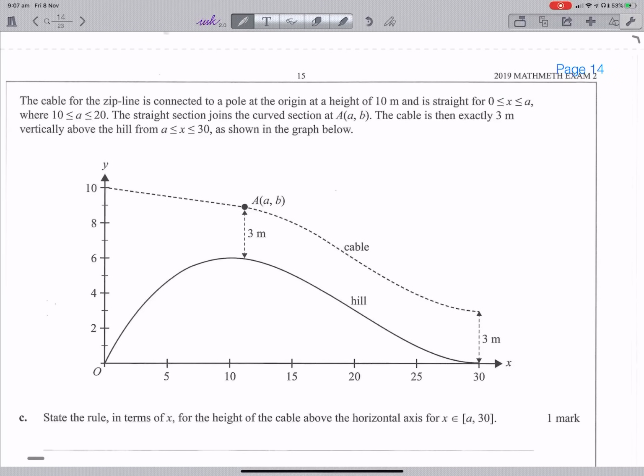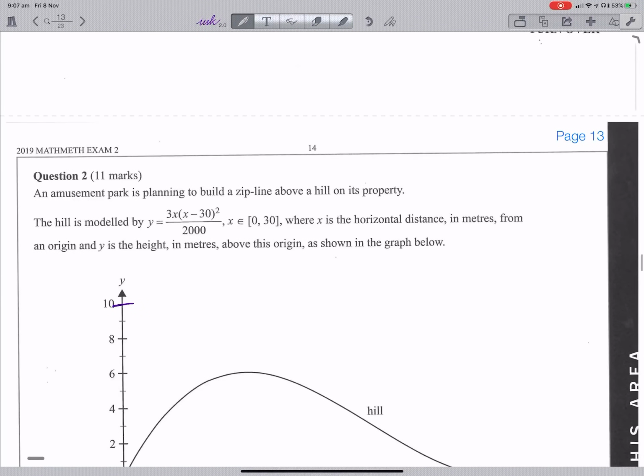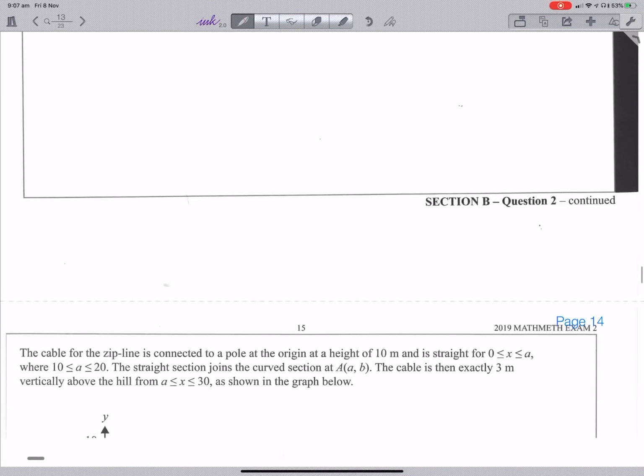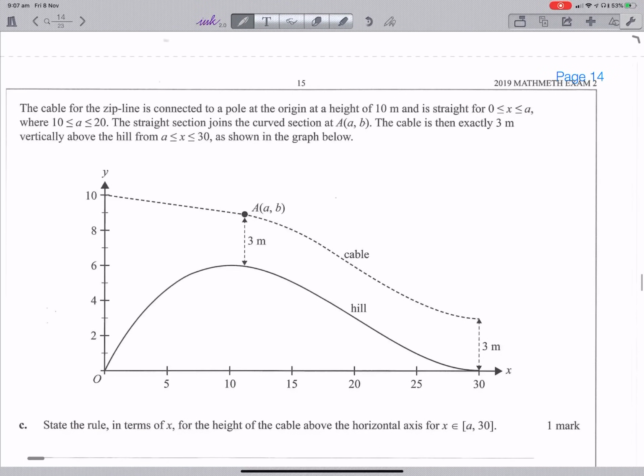The cable for the zip line, what zip line? Does it say that there's a zip line? Okay, here's what Parker's planning. I missed that one. It is connected to a pole at the origin at a height of 10 meters, 0, 10. And it's straight from 0 to some value A, where A is between 10 and 20, so it's got to join somewhere here.